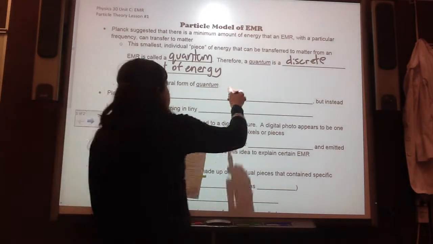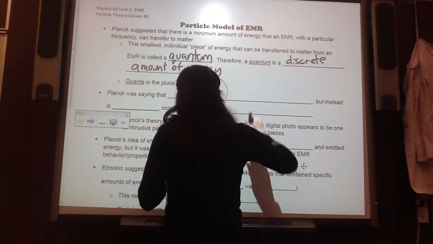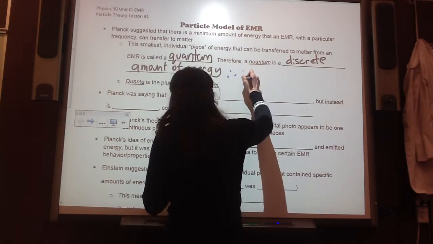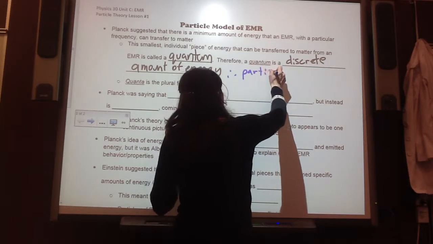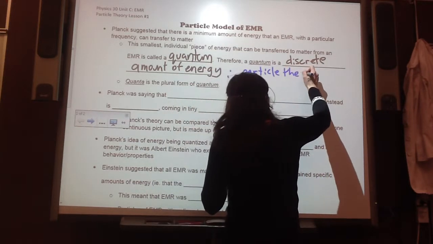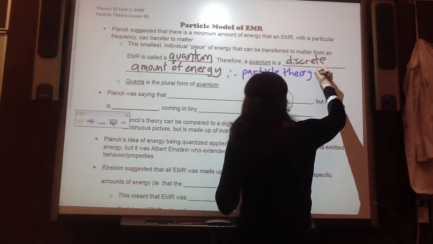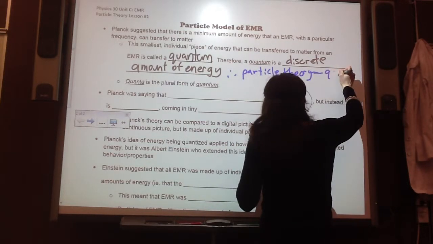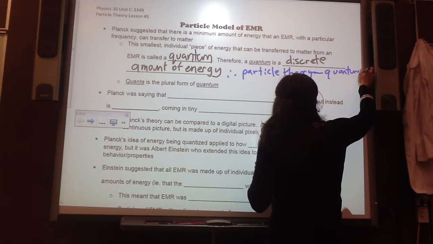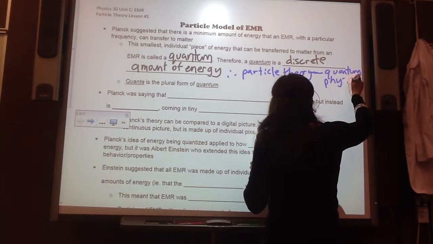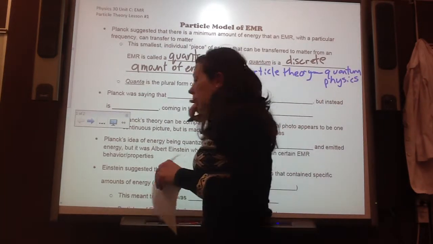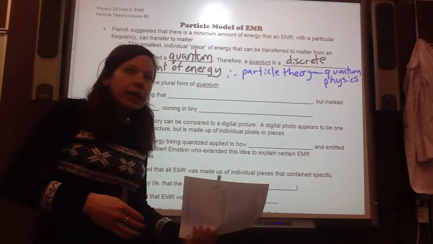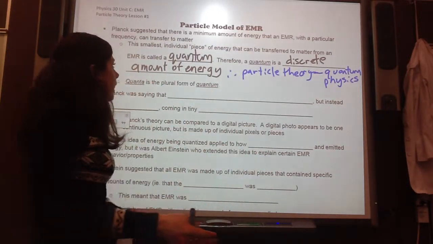So therefore, particle theory in physics, we say really that's quantum physics. So it's equivalent to quantum physics. So when people talk about quantum physics, it means the particle theory of EMR. Okay?